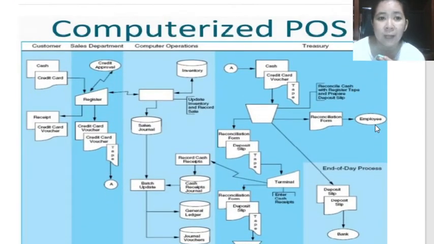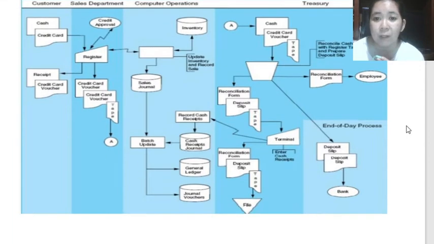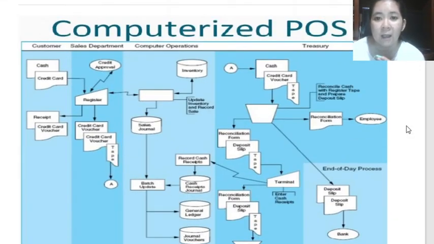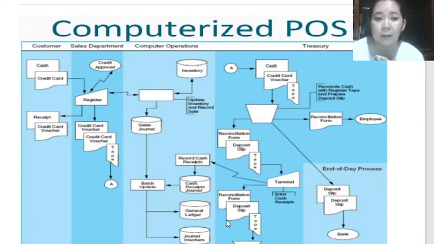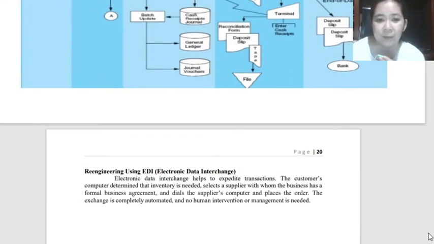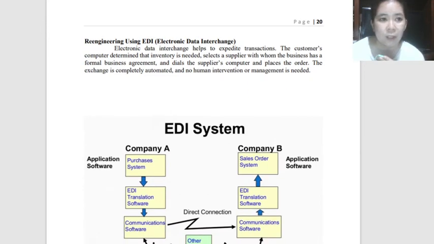For the computerized POS, as explained earlier, there is computer operations that are involved here. They also have the treasury, okay, of course, that is for controlling the transactions that were scanned using the POS. Okay, so those are our illustrations.